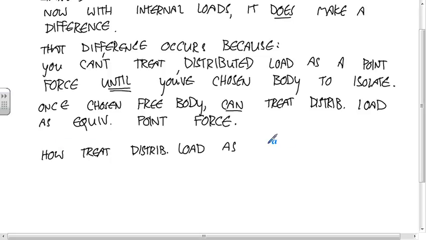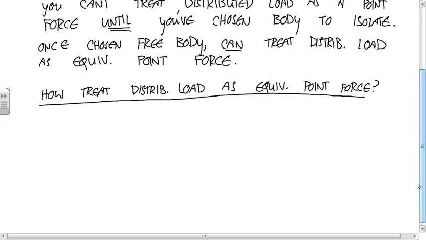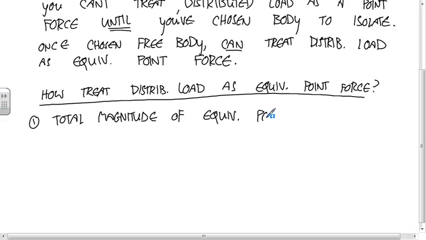Okay, so how do you treat a distributed load as an equivalent point force? So first, the magnitude of the equivalent point force is the area of the distributed load.